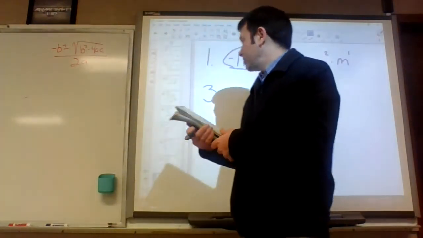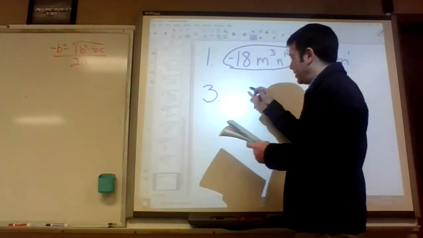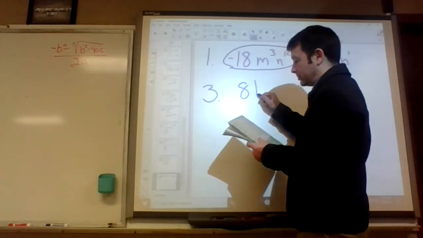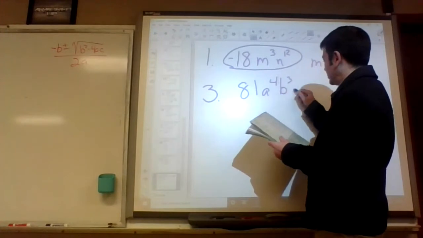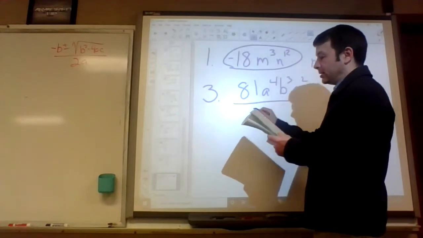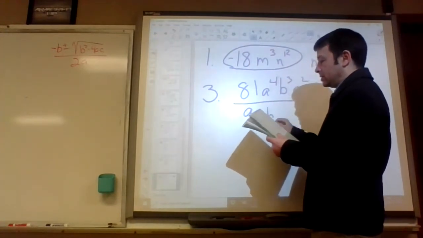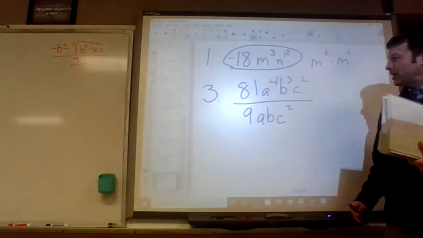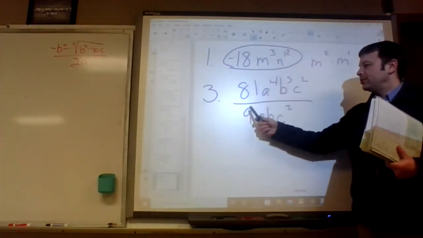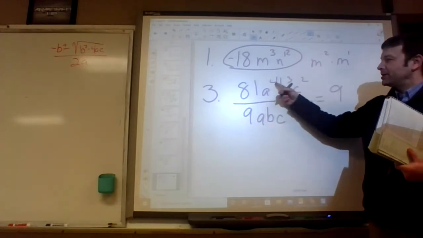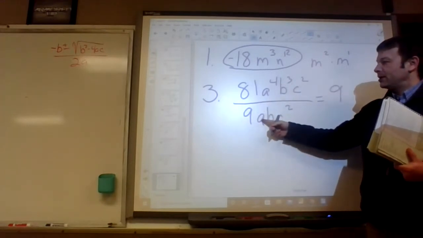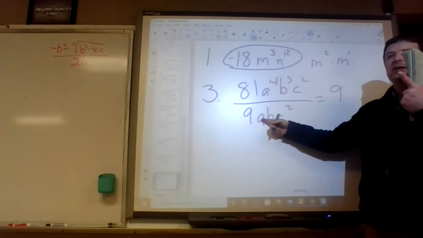Okay, number 3 is division. I am going to write the problem with the division bar because that might be less confusing. So it looks like this, 9ab squared. Okay, so 81 divided by 9. Okay, how did we do this though? A to the 4th divided by A. Do you say it?